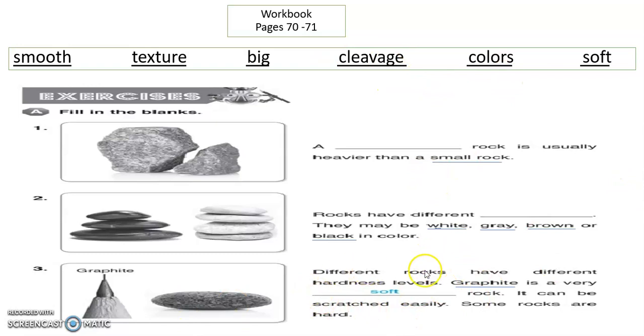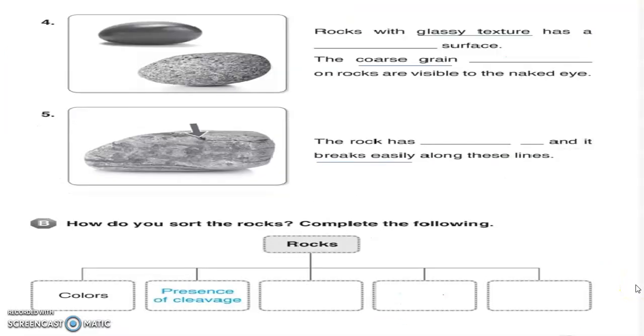Number 3, different rocks have different hardness levels. Graphite is very soft. So the answer to number 3 is soft. Number 4, rocks with glassy texture have a blank surface.